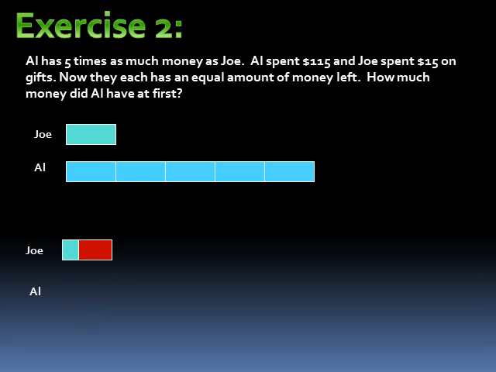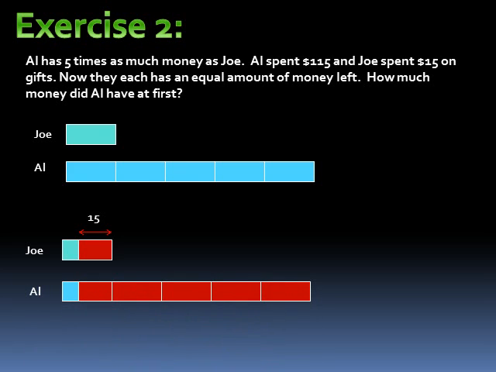Joe, if you look at the figure above, has 1 blue box, right? In the red box on the second figure, the red box represents the $15 that is spent. It said in your problem that Al spent 115 and Joe spent 15, and after that they have an equal amount of money.